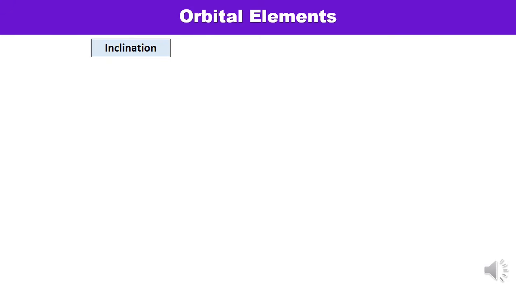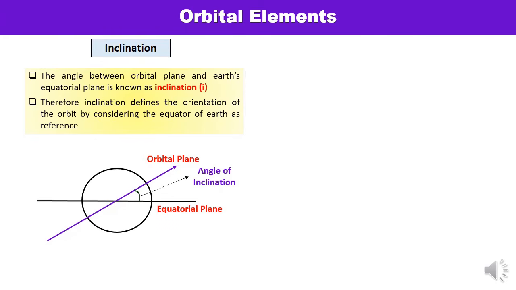Next is the inclination. Inclination is denoted by the angle I. The inclination is the angle between the orbital plane and the Earth's equatorial plane. This angle is known as the inclination angle. In this particular diagram, you can see the equatorial plane shown over here, and the orbital plane is this.